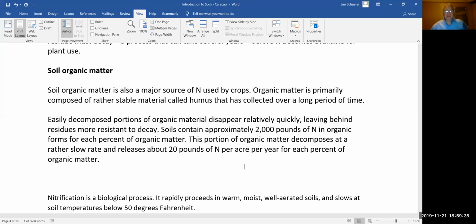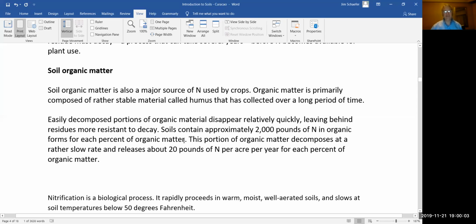Soils contain about 2,000 pounds of nitrogen in organic forms from each percent of organic matter. Let's repeat that. Soils contain approximately 2,000 pounds of nitrogen in organic forms. This means that these are organic molecules like proteins in each percent of organic matter in your soil.